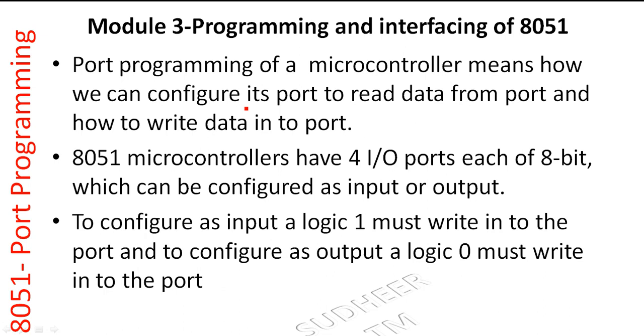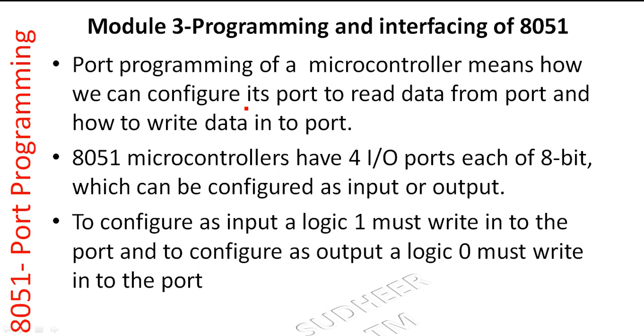And to configure as output port, logic 0 must be written to the port. That is not compulsory, but configuring as input by writing logic 1 or FF to the corresponding ports is a compulsory part to protect the port.